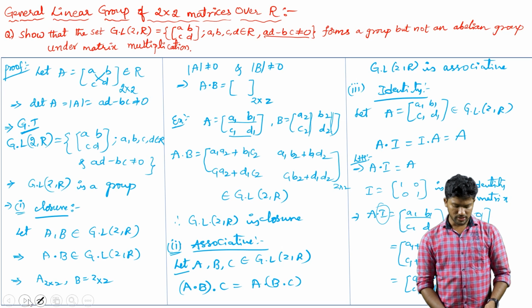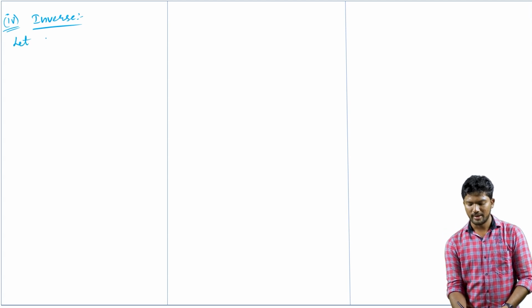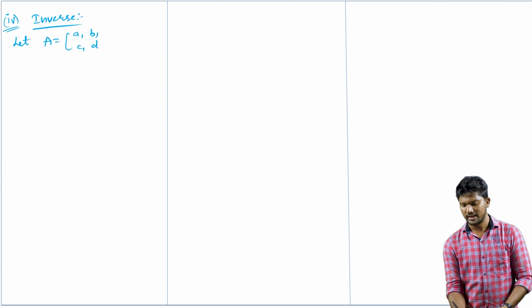So next we have the inverse condition. The fourth condition is inverse. In this condition, by using the identity matrix, we are going to find the inverse matrix. Let capital A be [[A1,B1],[C1,D1]], the given matrix, belonging to GL(2, R).